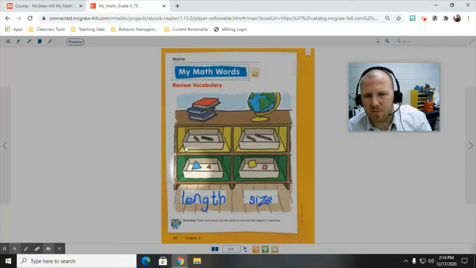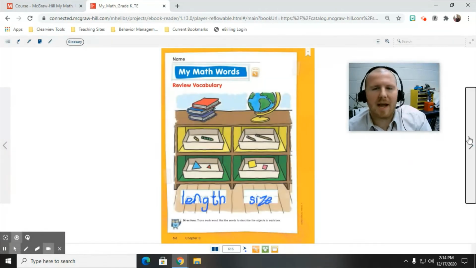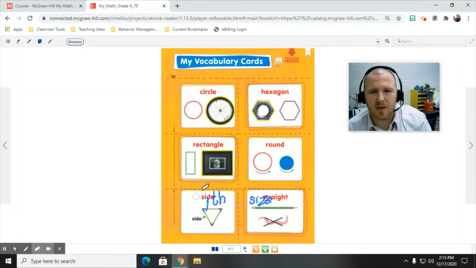I would say this blue triangle is bigger than the red triangle. This yellow square is bigger than the pink square. So good, we have those. If we know those skills, then we should be able to accomplish some of the things we need to accomplish in this chapter. So, some of our vocabulary cards.